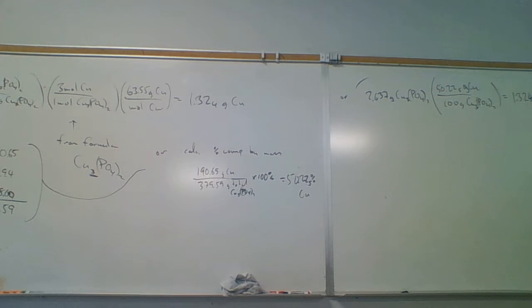Percent by mass composition is something that's usually given in the data here. It wasn't given in the data. Normally when you buy chemicals, they'll tell you molar mass like this, percent by mass composition. I'm surprised they didn't tell us.